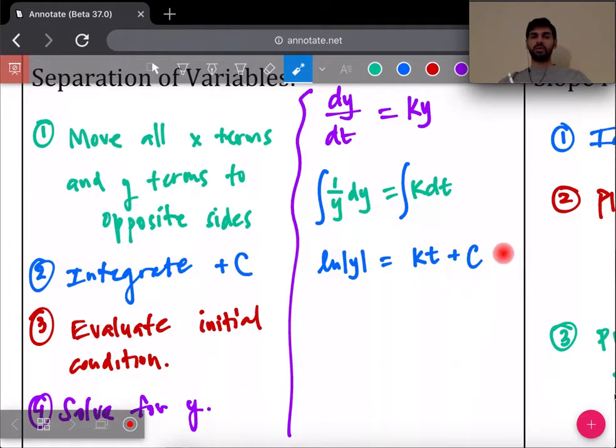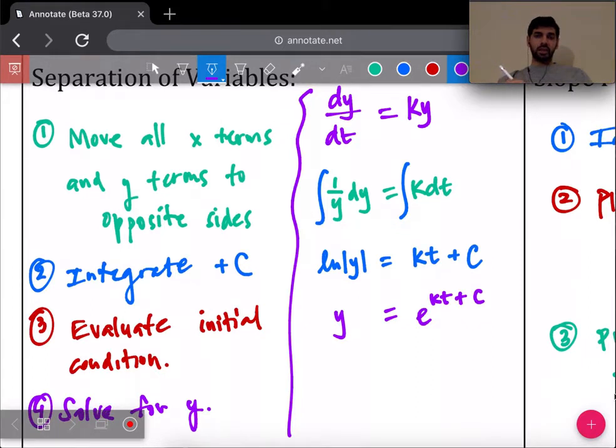I'll leave this one in terms of c, and I'll just solve for y here. If I want to get rid of the natural log, I have to apply an e to both sides. So e to the natural log of y is just y, and then e to this entire side, kt plus c.